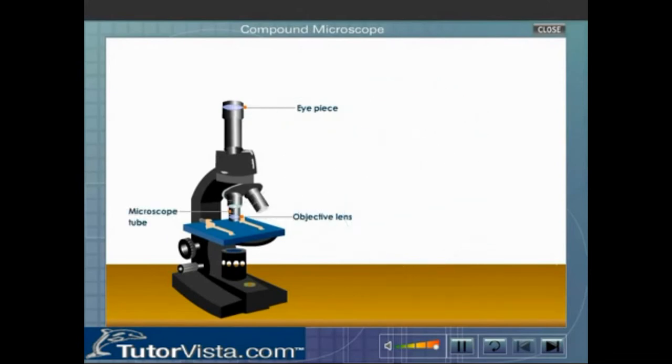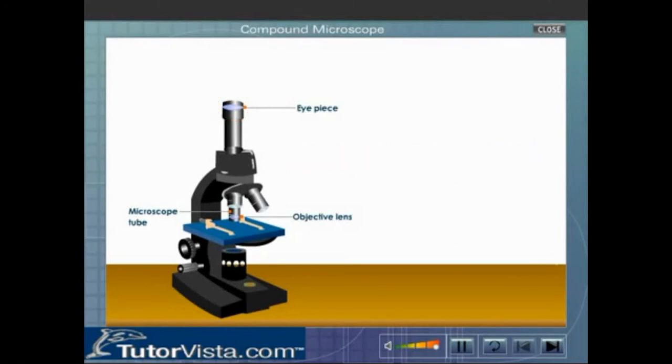The objective lens of a compound microscope is a convex lens of very short focal length, FO. The object to be viewed is kept very close to the objective lens. The eyepiece of a compound microscope is also a convex lens of short focal length, FE. The focal length of the eyepiece is slightly greater than that of the objective lens.